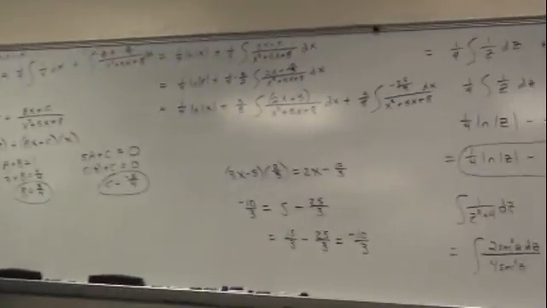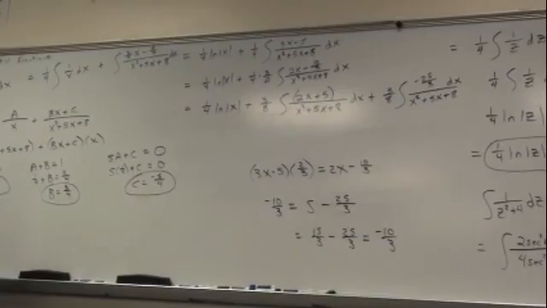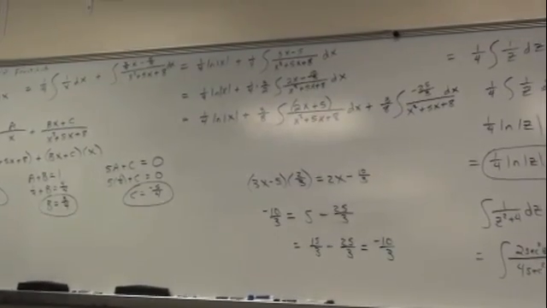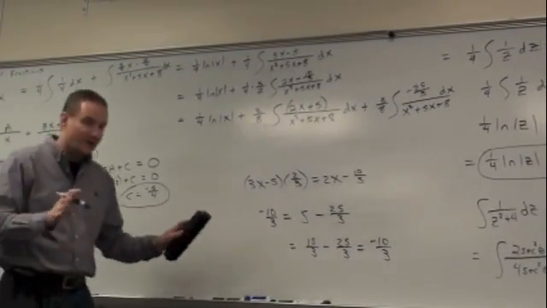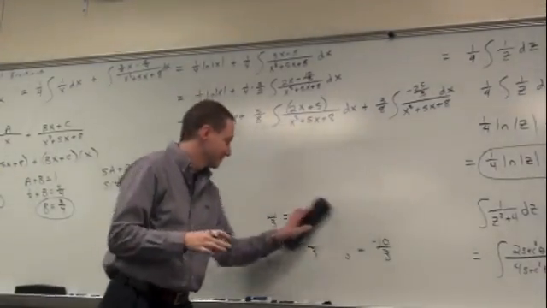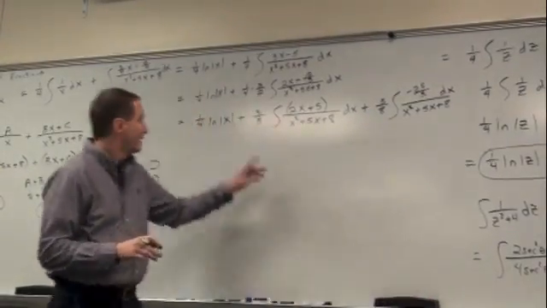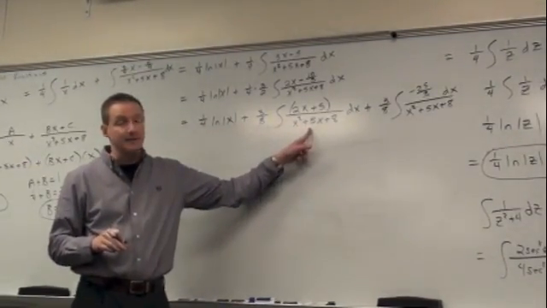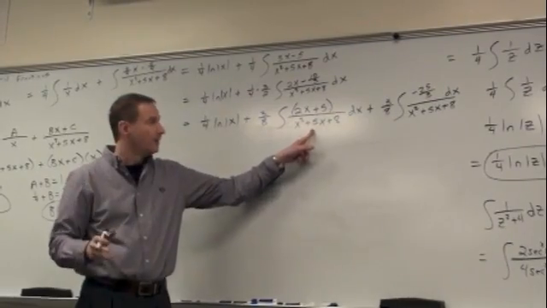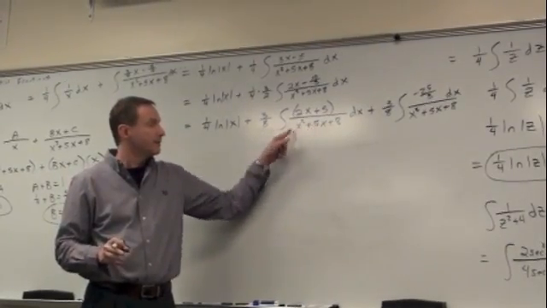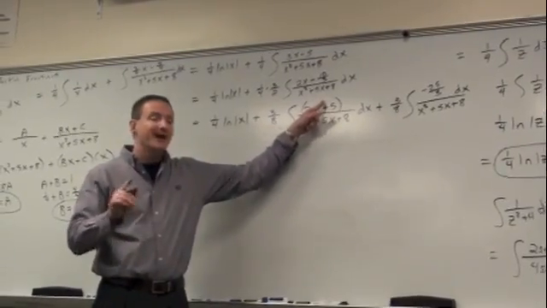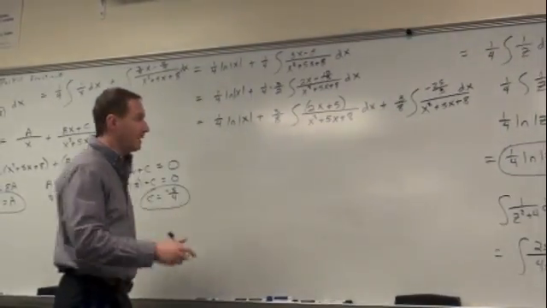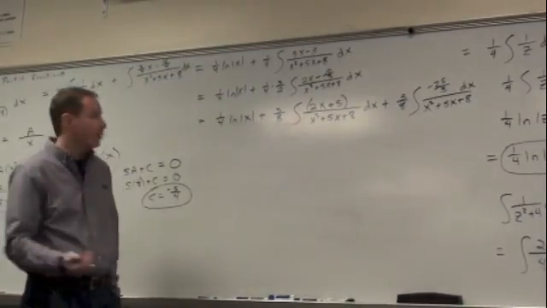Are you beginning to see why I said some of these problems take patience? Oh. Okay, now. The first one's already integrated. The second one is easily integrable now because the derivative of the denominator is in the numerator. Every single solitary time that happens, it's a natural log of the denominator.